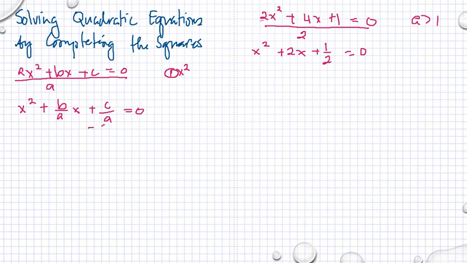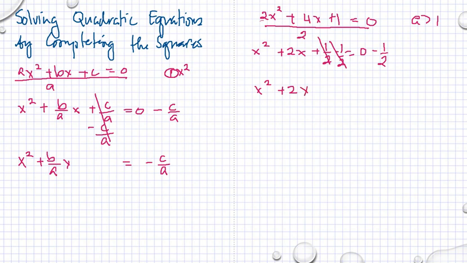So I subtract c divided by a so that this will be 0. Then I have x squared plus b divided by a x is equal to negative c divided by a. In the example, I subtract 1/2 from both sides of the equation so that this will be 0, and I have x squared plus 2x is equal to negative 1/2.